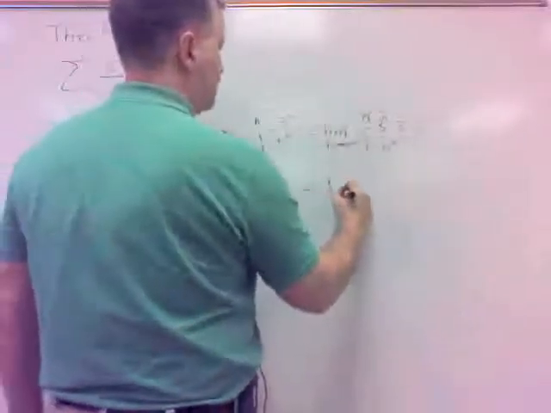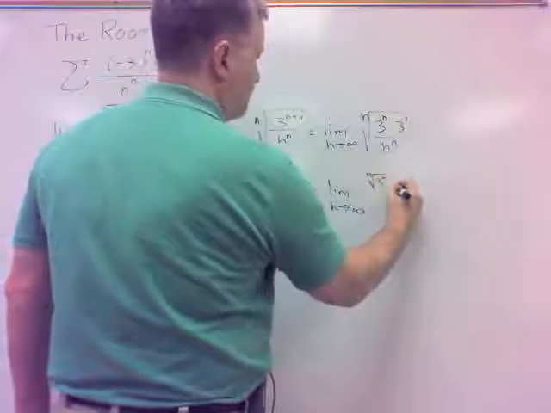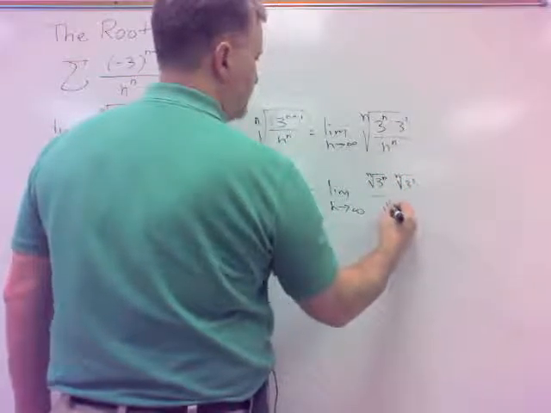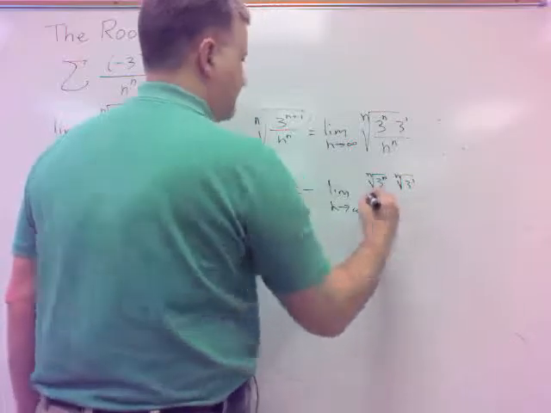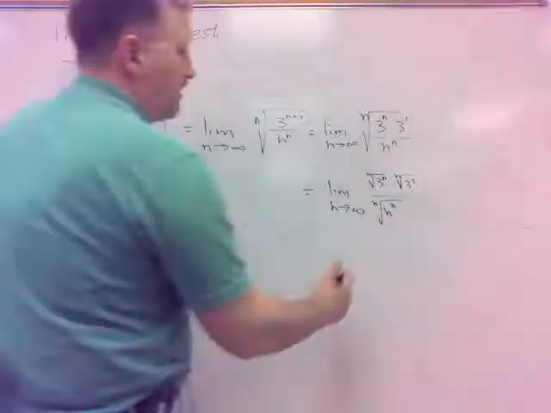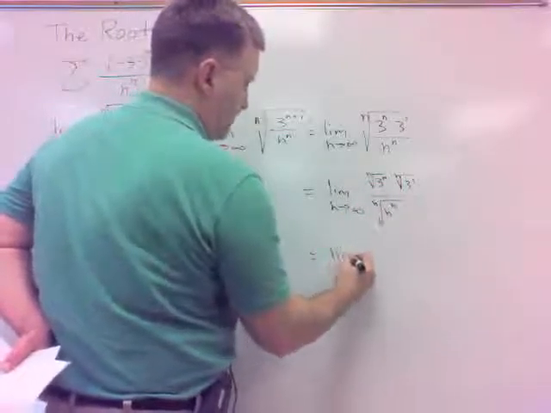It's the limit as n goes to infinity of the nth root of 3 to the n, the nth root of 3 to the first, and then the nth root of n to the n. N's galore. Break it all up like that, because the nth root and the n cancel there, so that's just 3.